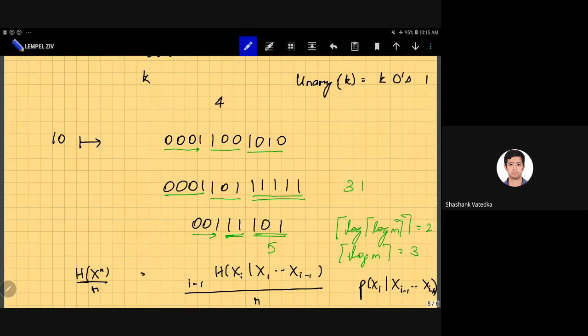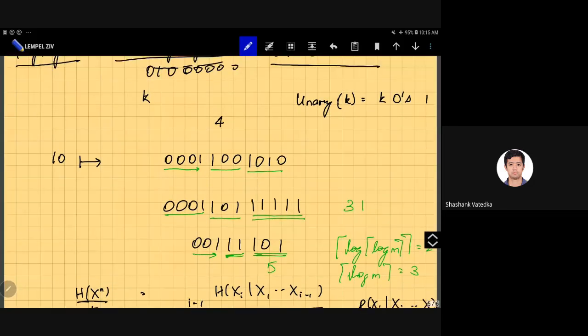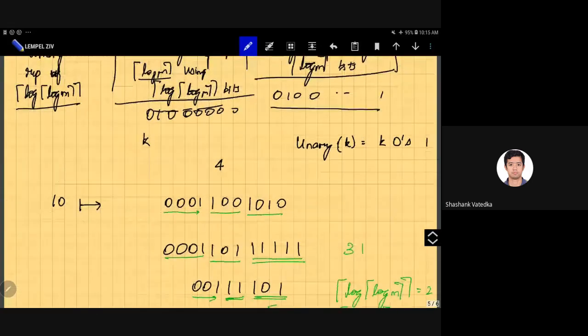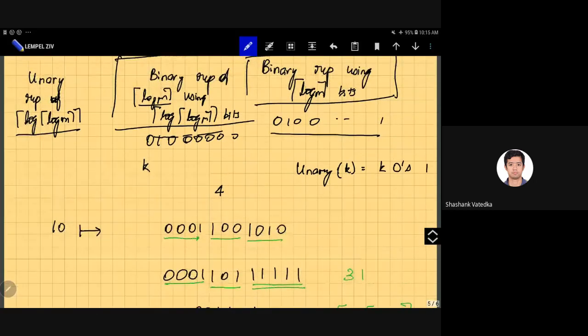Okay. So now let's see, this is true in general. What is the total number of bits that is required to represent this? You need the binary representation, so this requires log m bits. This requires log m bits, and this is encoded using log m zeros followed by a 1, so this is log m plus 1 bits.